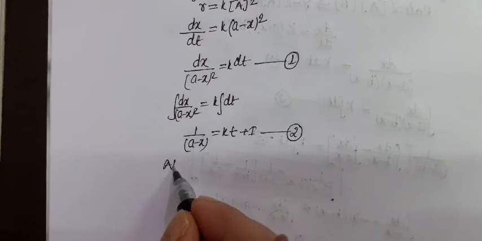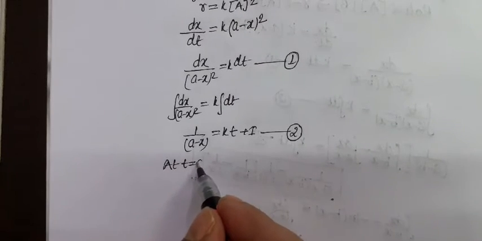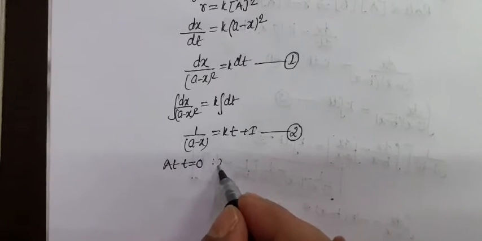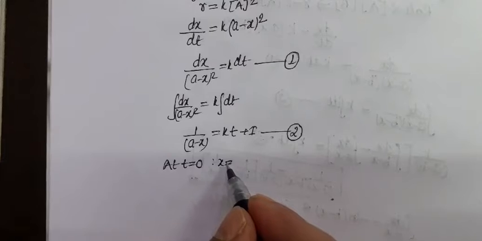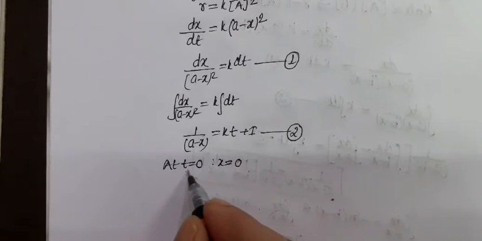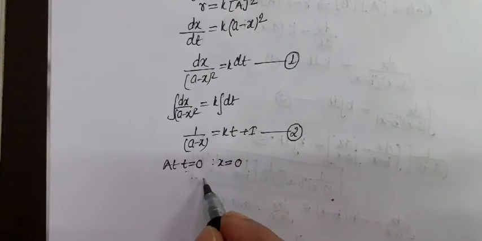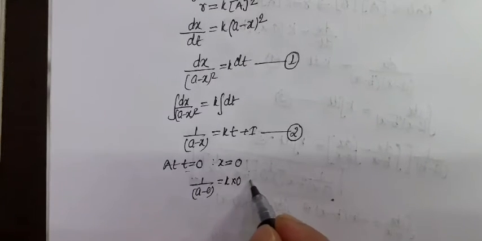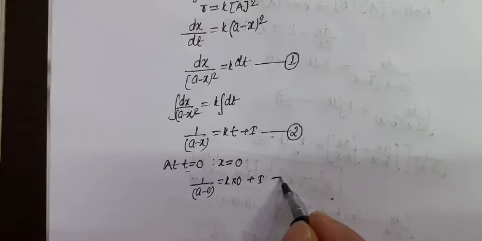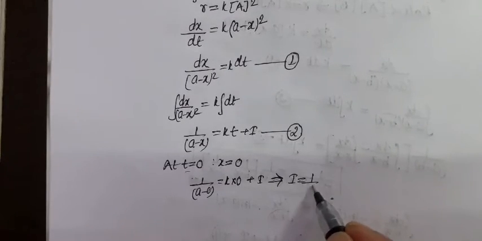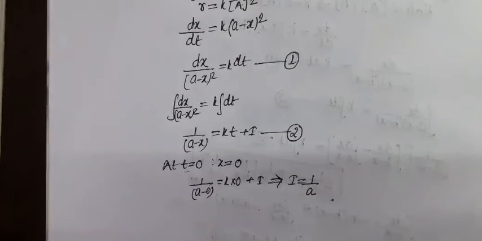Now what happens when the time is 0, which means no change in time is taking place? The product, or change in concentration x, will also be 0. Putting these values in equation 2, we get 1 by a minus 0 equals K into 0 plus I. So we get the value of I, it becomes 1 by a.